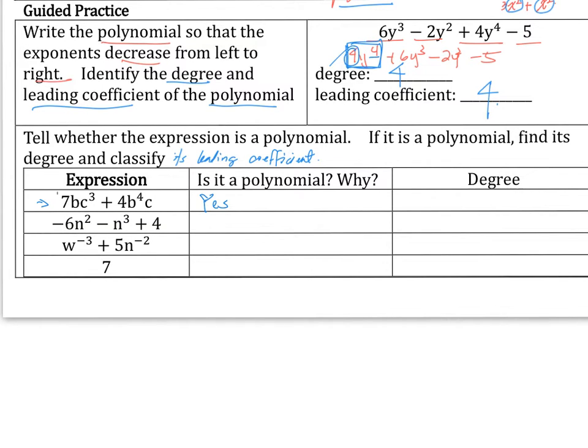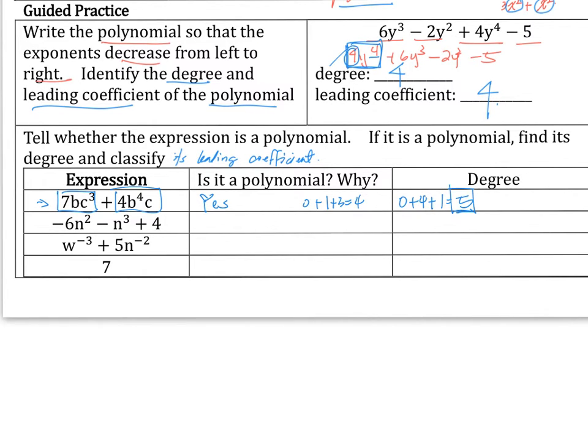Now the degree of the first term will be 0 plus 1 plus 3, which equals 4. The degree of the second one will be 0 plus 4 plus 1, which equals 5. So the degree would be 5. We want the bigger one, the bigger number.